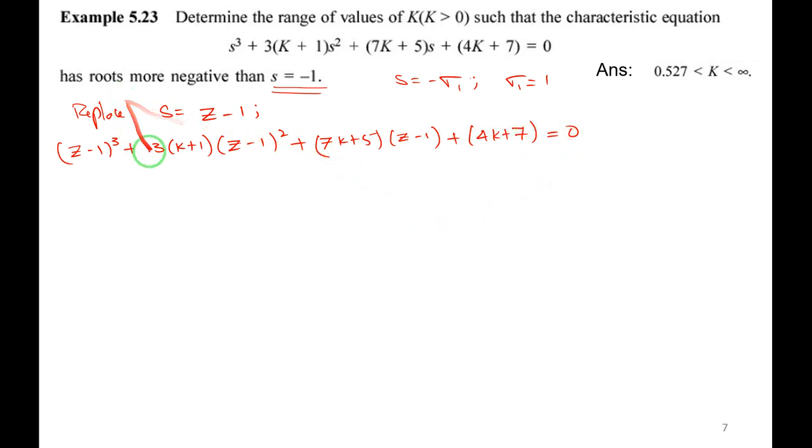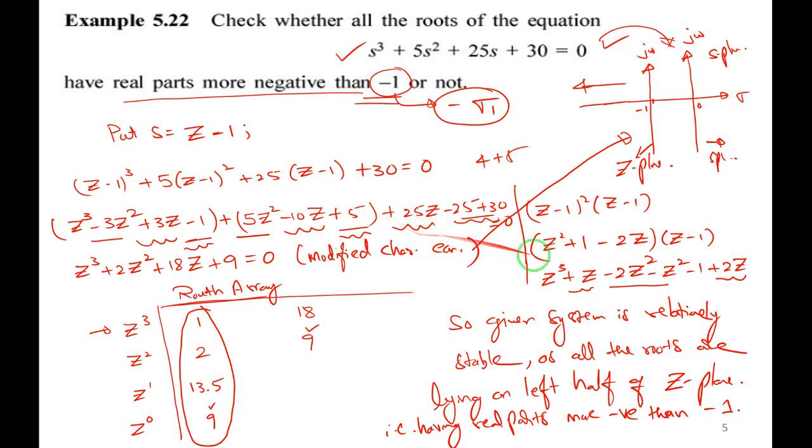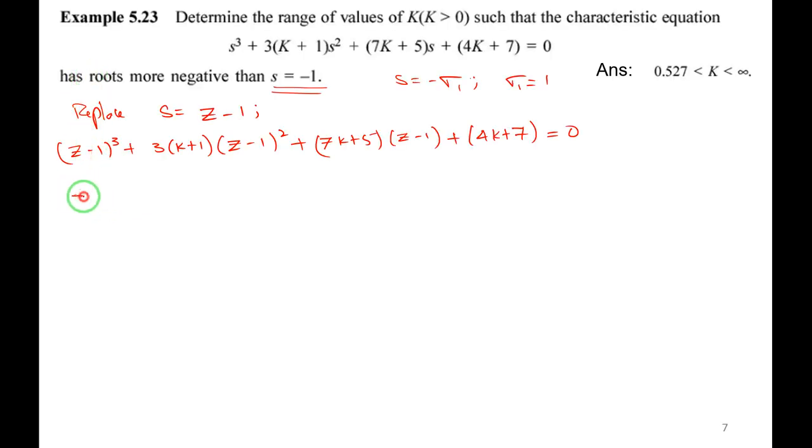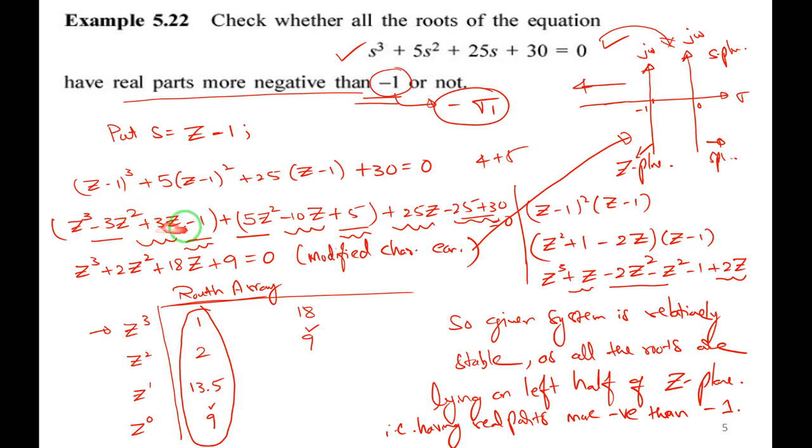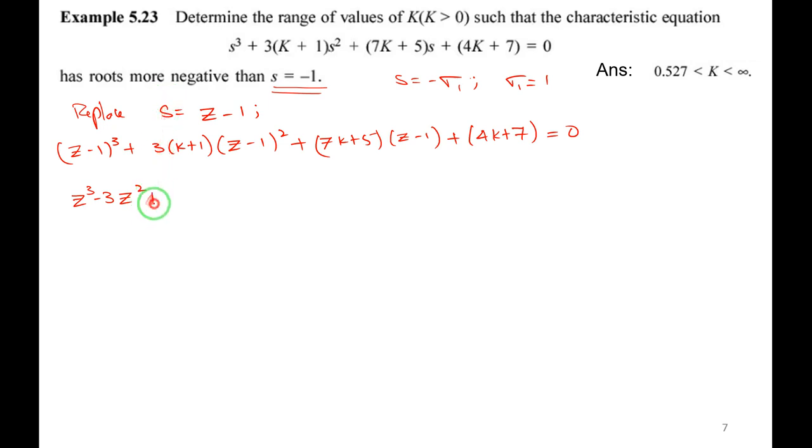Z minus 1 whole cube we have already done here. So it is z cube minus 3z square plus 3z minus 1, right?